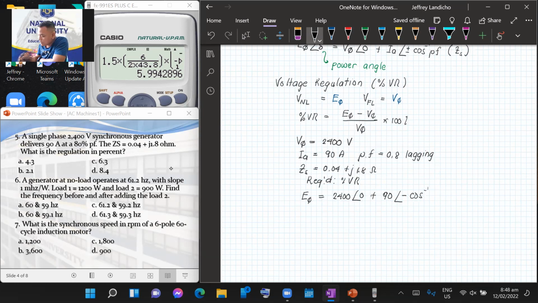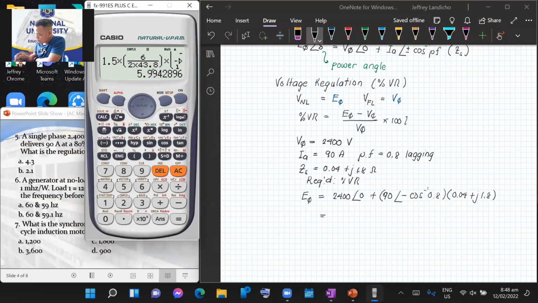Negative, since lagging, arc cosine of 0.8, multiplied by the synchronous impedance, which is given: 0.04 plus j1.8. So you have now the given values.